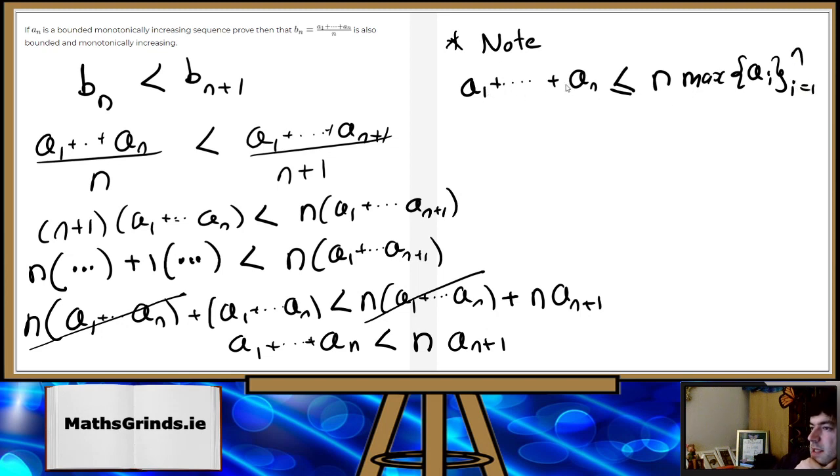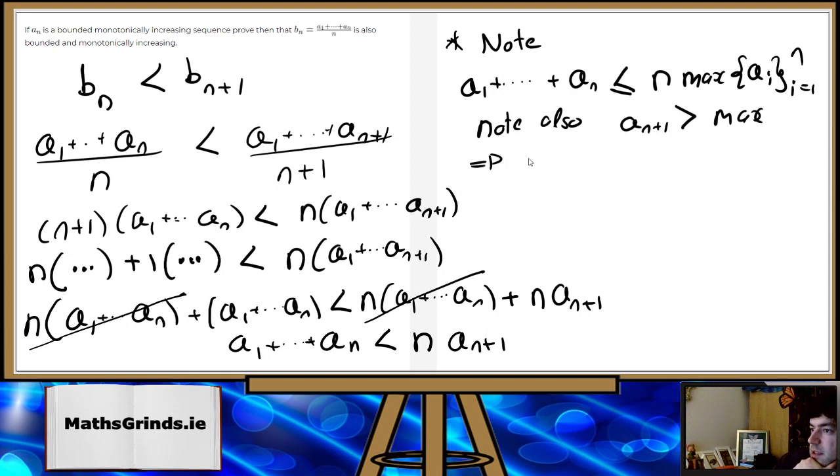If you take the biggest element here and multiply it by n, that'll be an upper limit here. Now, but note also that an plus 1 will be bigger than whatever the maximum is because it's monotonic. An plus 1 will be bigger than anything here, so it'll be certainly bigger than the max.